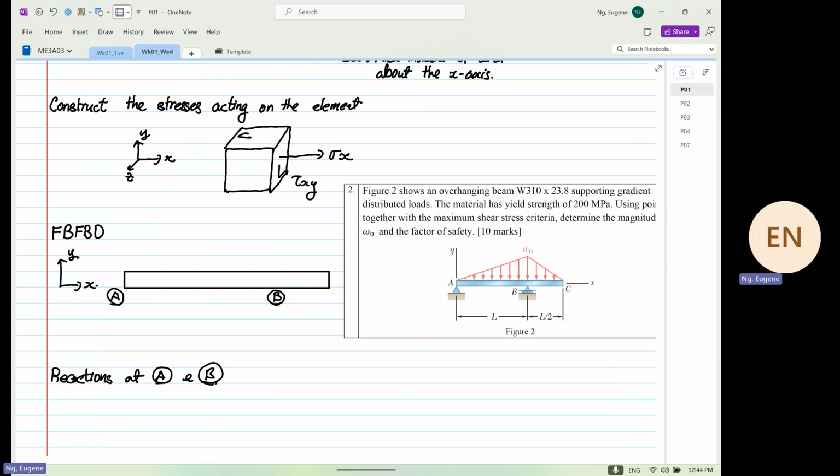So we have to find the reaction at point A and point B, because these will serve as boundary conditions. Come on, you didn't write properly. I'm still nervous with writing. I don't know why.